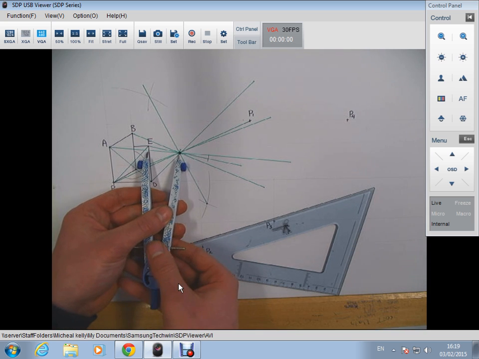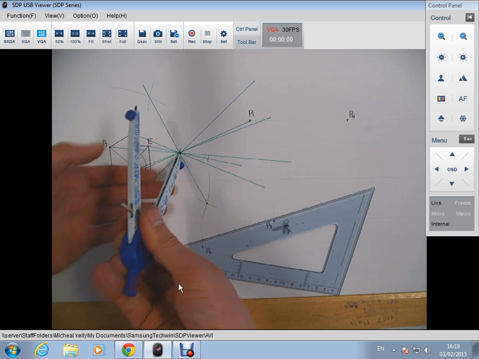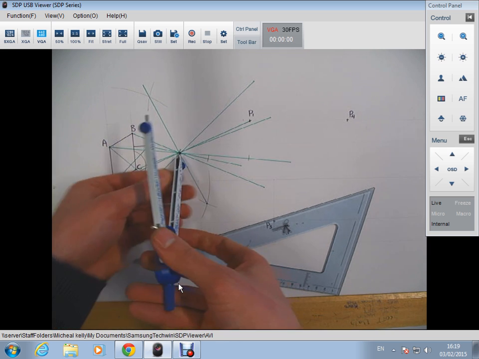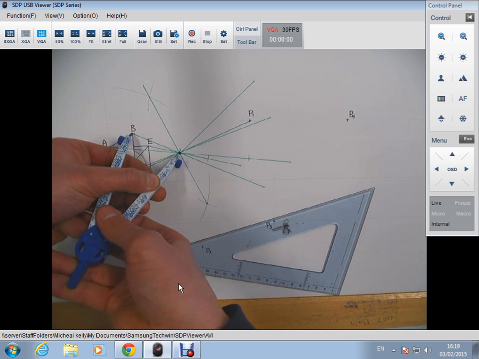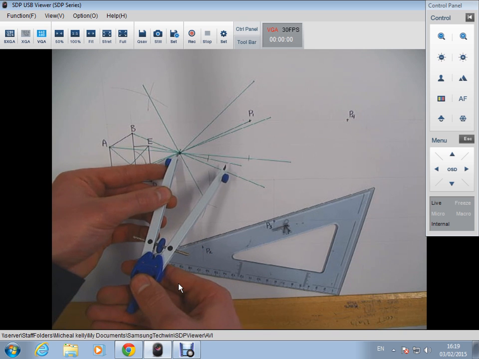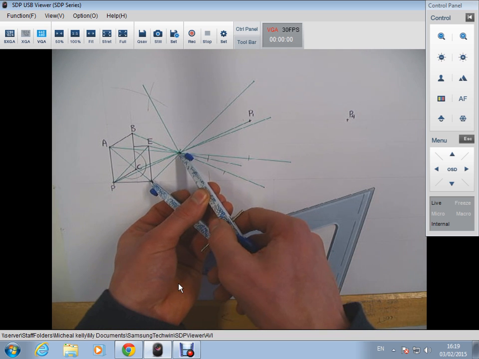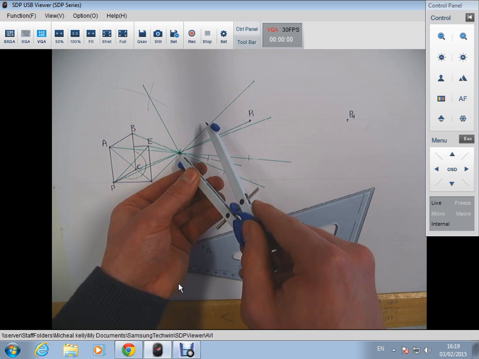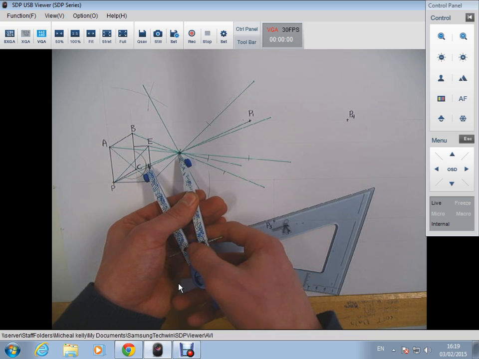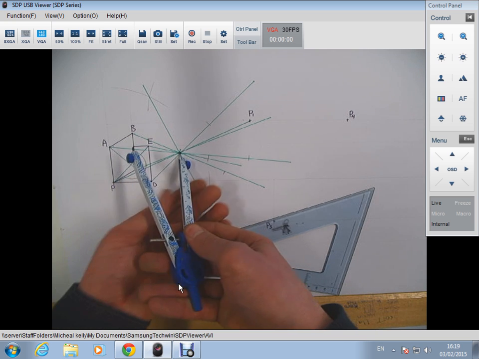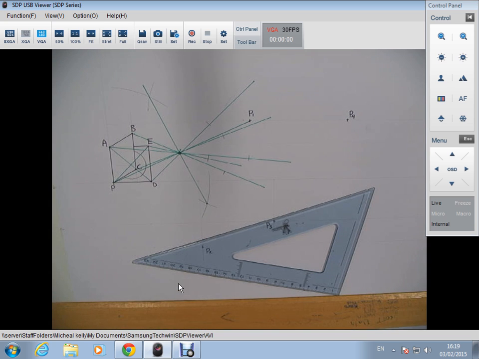And using my compass, I'm going to step the same distance on the opposite side of the line for each point. So from the point of symmetry to A, point A, point of symmetry to point B, point of symmetry to D, and the point of symmetry to C. Now it's extremely important that you index the points as you take them through the views.